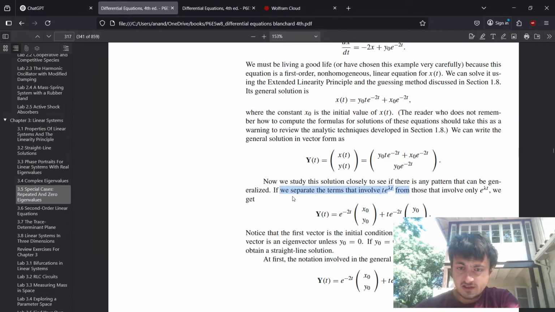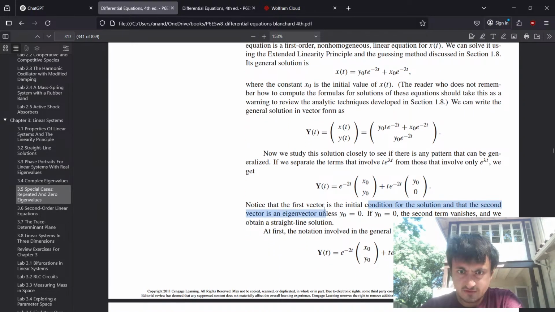Note that the first vector is the initial condition, and the second vector is an eigenvector unless y0 equals 0.